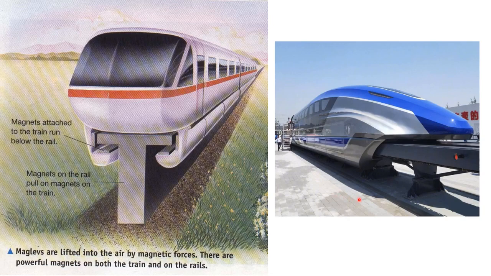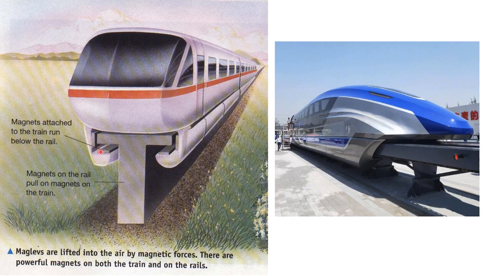Here, a maglev train is shown to you. Let's read out the information given here. If you look properly, this is the magnet on the rail, pulling on magnets on the train.